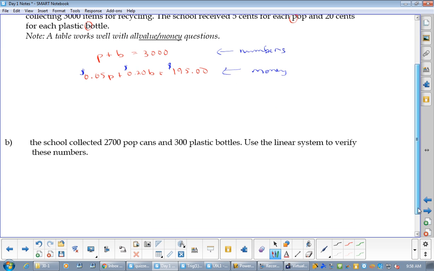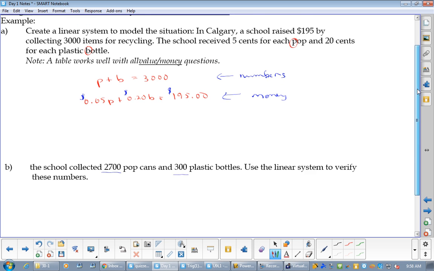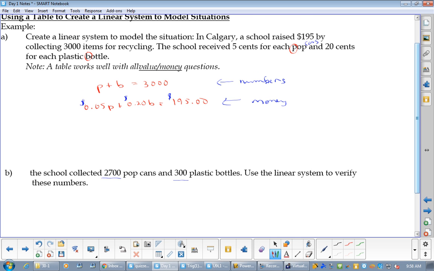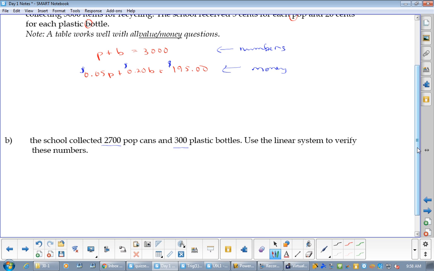Now, the thing was that they collected 2,700 pop cans. Yeah, that's what that should say, pop cans. That would be better, hey? C and B. But anyway, 2,700 pop cans and 300 plastic bottles. Use this to verify. Well, my first one is 2,700 plus 300 equals 3,000. Yes.